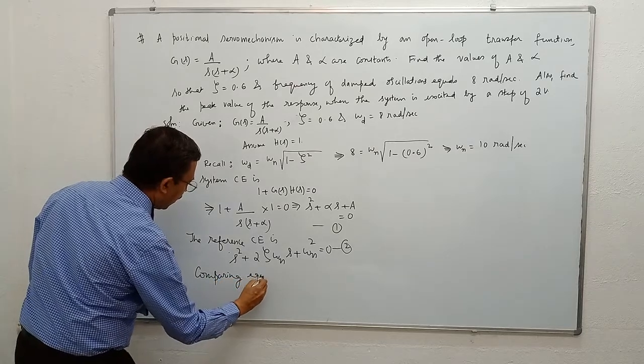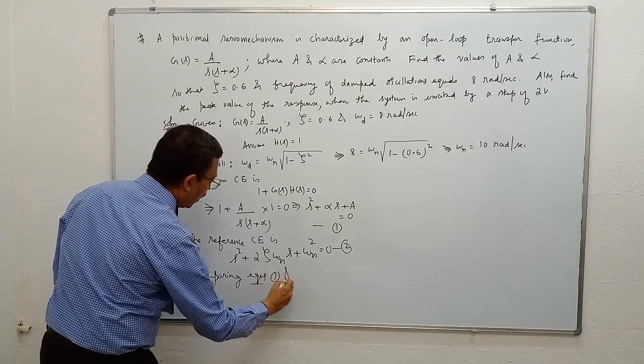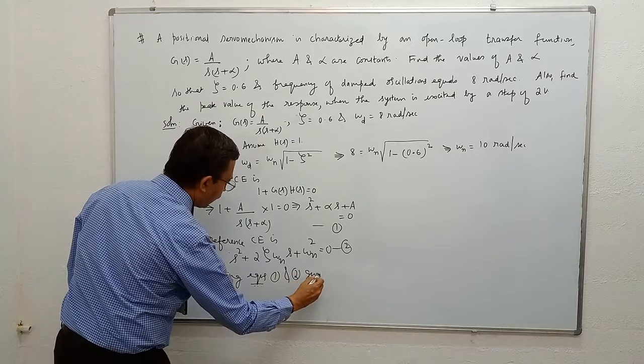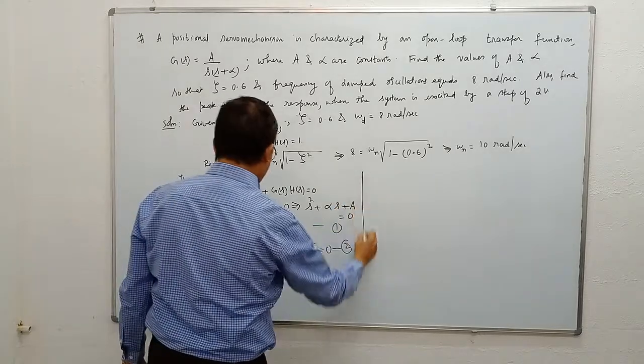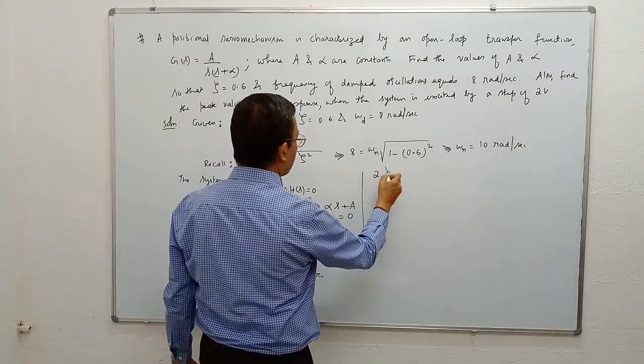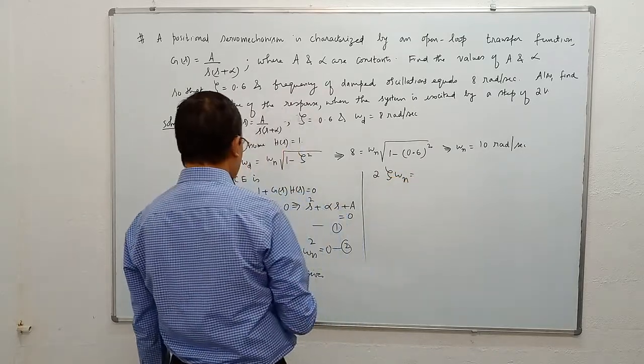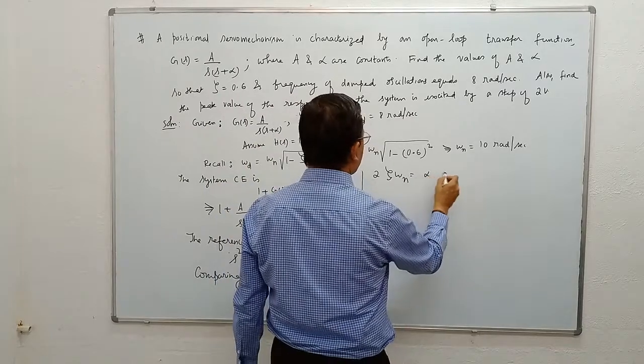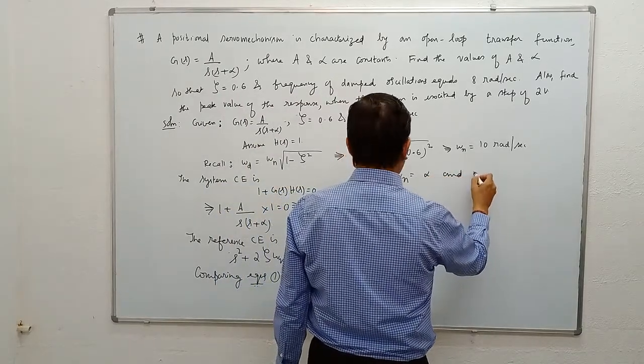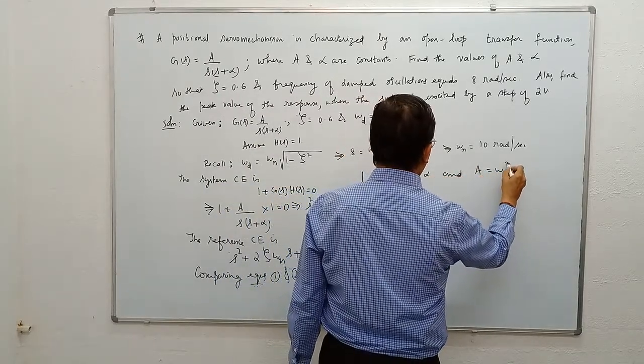Comparing equations 1 and 2 gives 2 zeta into omega n is equal to alpha and A is equal to omega n square.